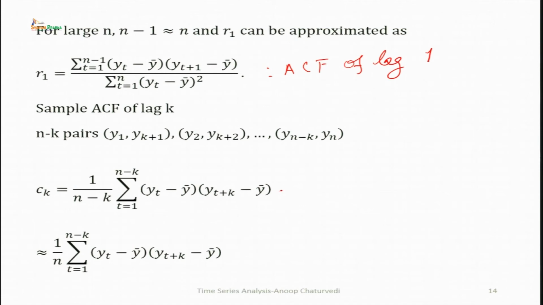This is the sample ACVF, autocovariance function, equal to 1 upon n minus k, summation t equal to 1 to n minus k, (yt minus y bar)(yt plus k minus y bar), which is approximately equal to 1 by n, summation t equal to 1 to n minus k, (yt minus y bar)(yt plus k minus y bar). So, approximately for large n, n minus k is written as n.